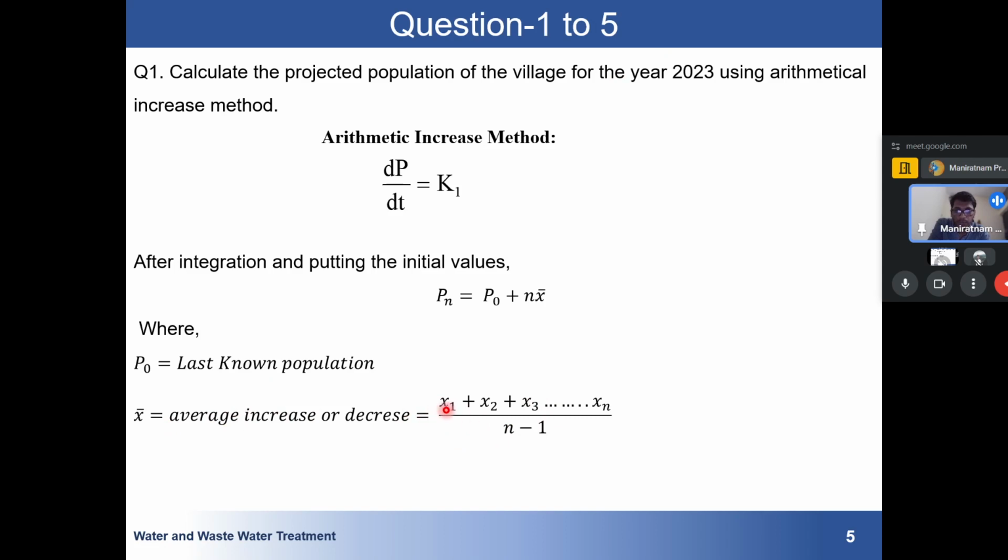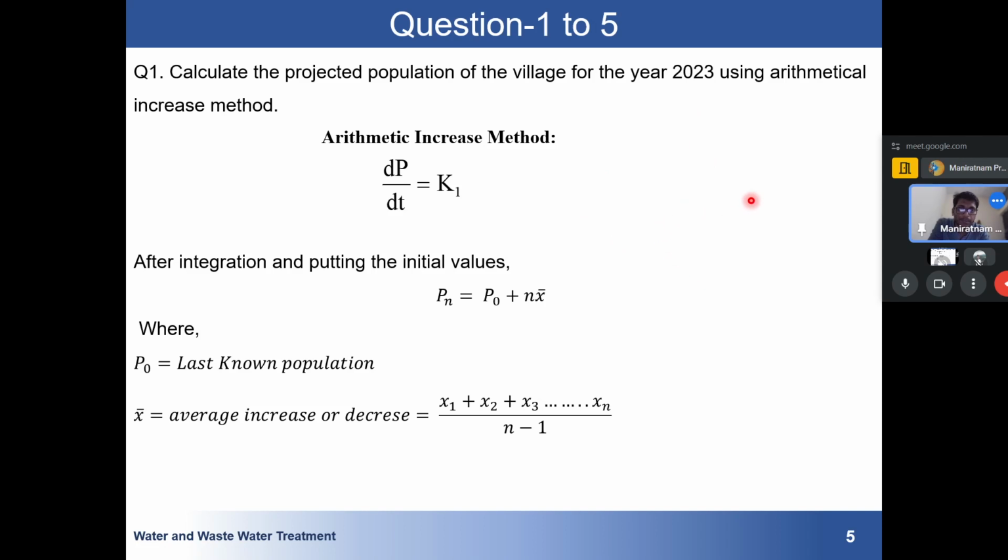So what is this increase? Initially, suppose in 2002 the population was P1, and in 2012 the population was P2. It will either be increasing or decreasing.